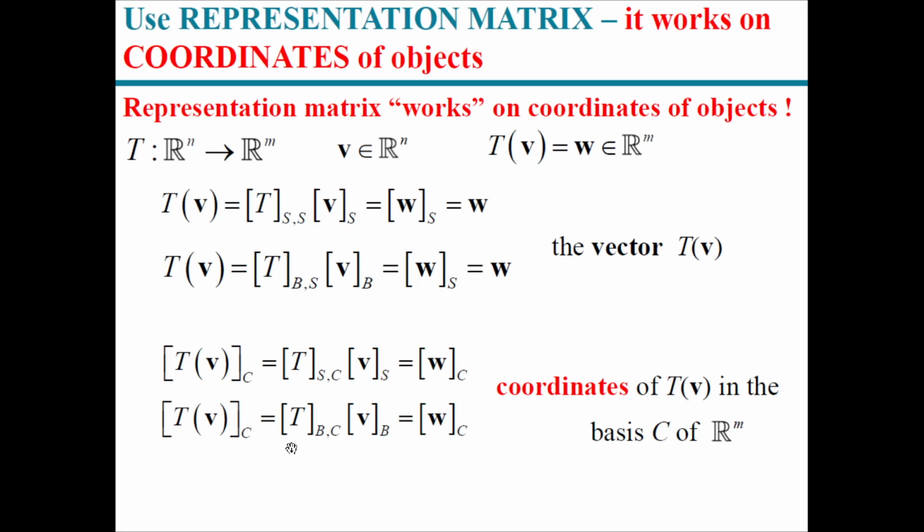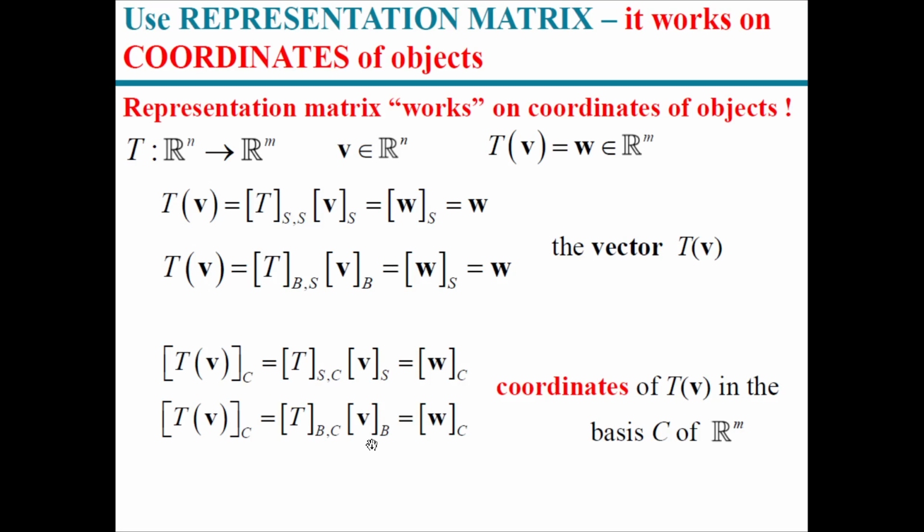Similarly, if I have a representation matrix relative to bases B and C, the inputs are given in coordinates of basis B. So I need to find coordinates of a vector in basis B and then do the product here. What I get as a result are the coordinates of the image in basis C. So be careful. A representation matrix works on coordinates. That's what it means.